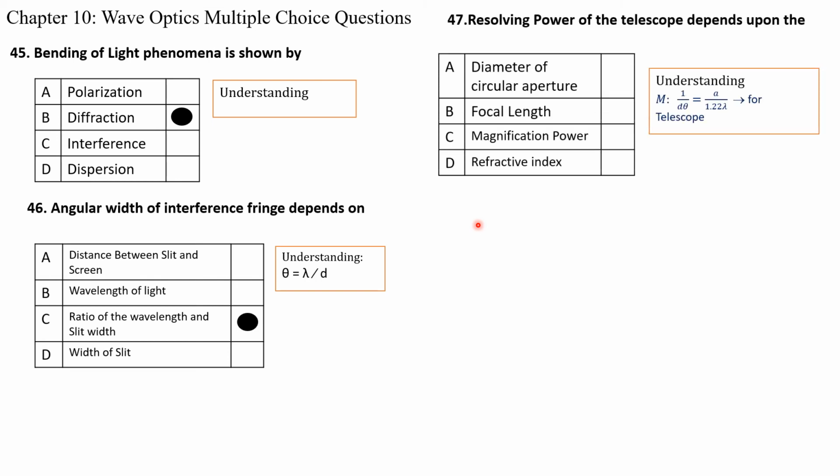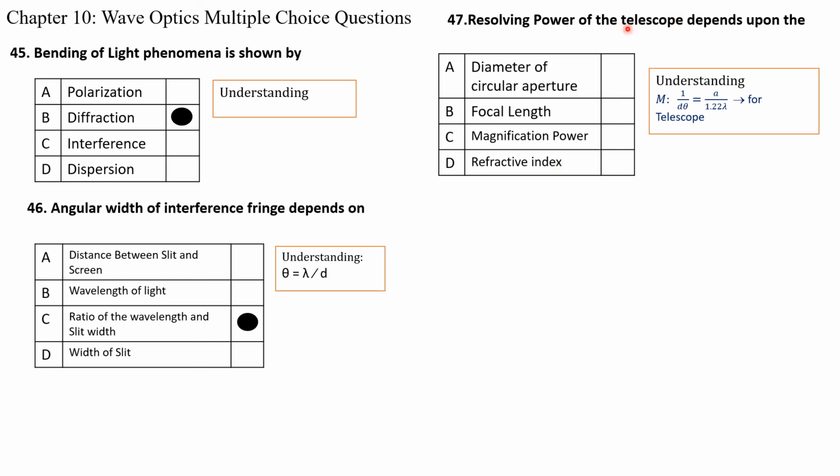Next question. Resolving power of the telescope depends upon. There are four options. Diameter of the circular aperture, focal length, C is the magnification power, and option D is refractive index. In this question, you have to remember the formula of magnification or resolving power of a telescope.